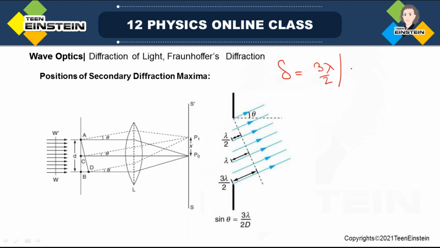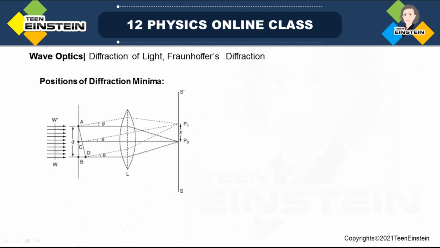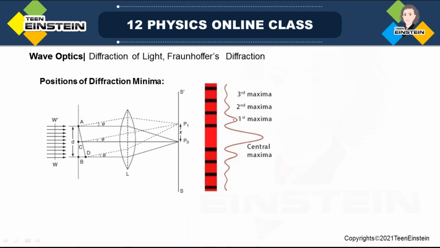So that is the condition for secondary maxima: a sin theta is equal to 3 lambda by 2. This is the first secondary maxima. What is secondary maxima? I'll go back and show you. This is the first secondary maxima, this one. We have to find the condition for these maxima.